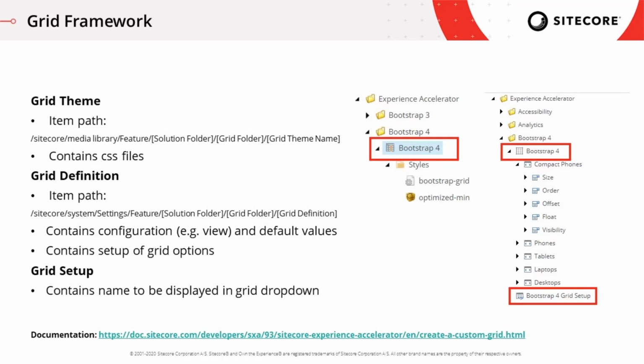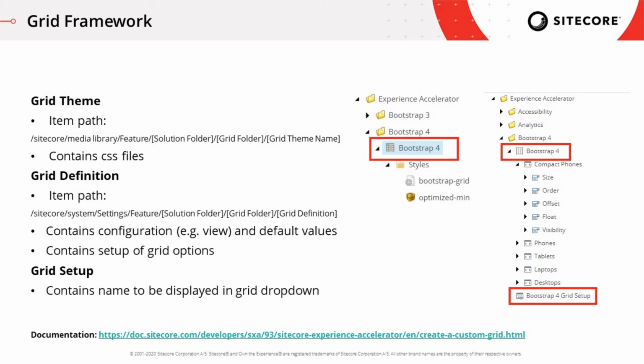And if you go to find the grid theme, in there you will find a style folder containing the source files of the style and of course an optimized min file. And in addition to that, a grid contains two other items.